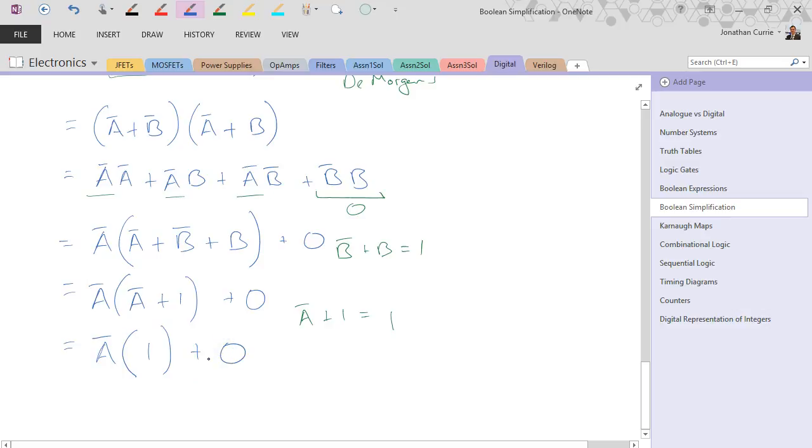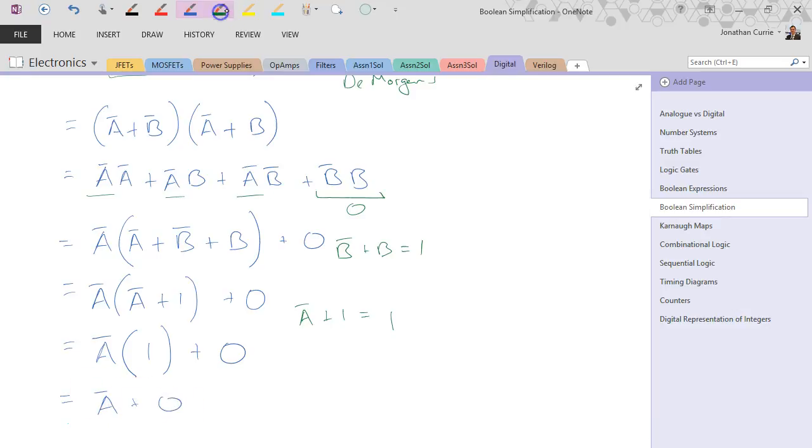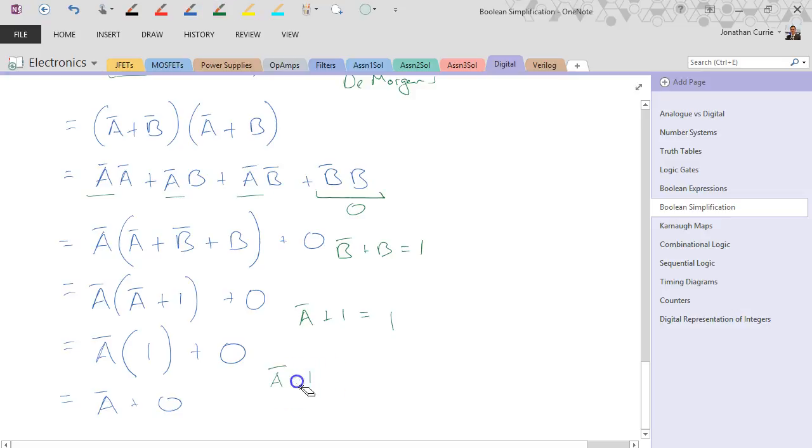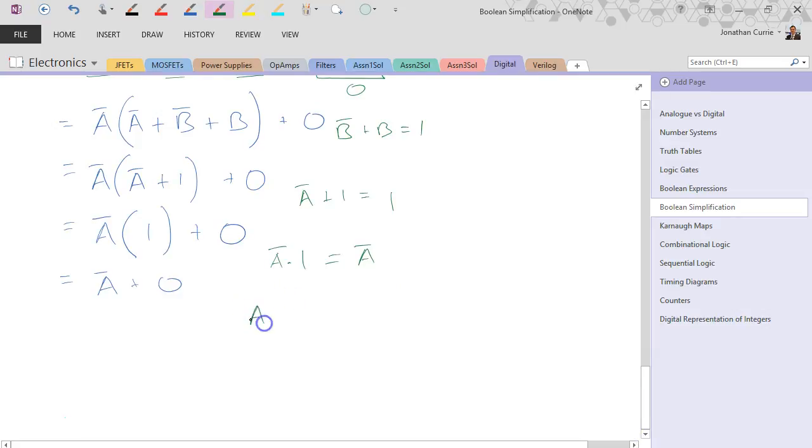And then finally we get not A plus 0. Once again, not A and 1 is equal to not A, and then not A or 0 is equal to not A. So the solution then is not A.